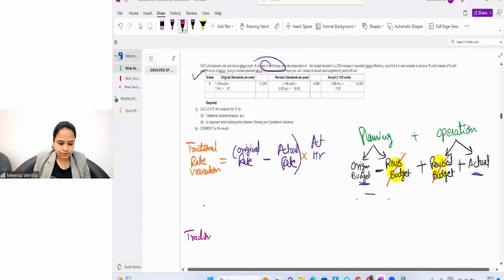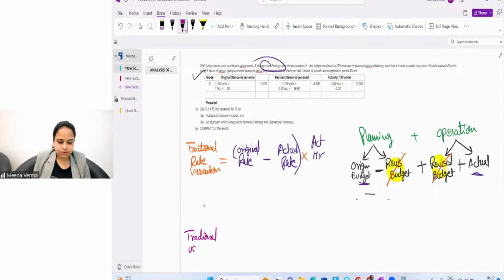Traditional usage variation. How can we find it?